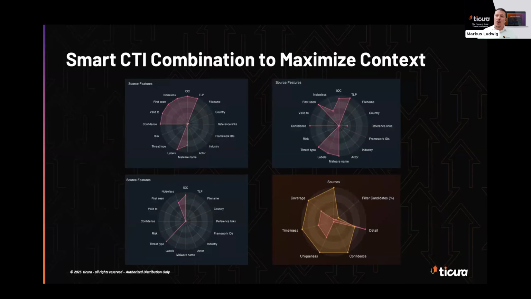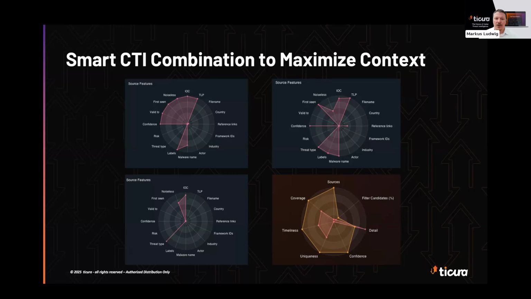Now, talking about context and enrichments does also open a door. If you understand how good a CTI source is for certain types of enrichments, and you understand what labels, enrichments, context, attribution really help you in your day-to-day business in whatever use case you have, like, are you sitting in front of an EDR?